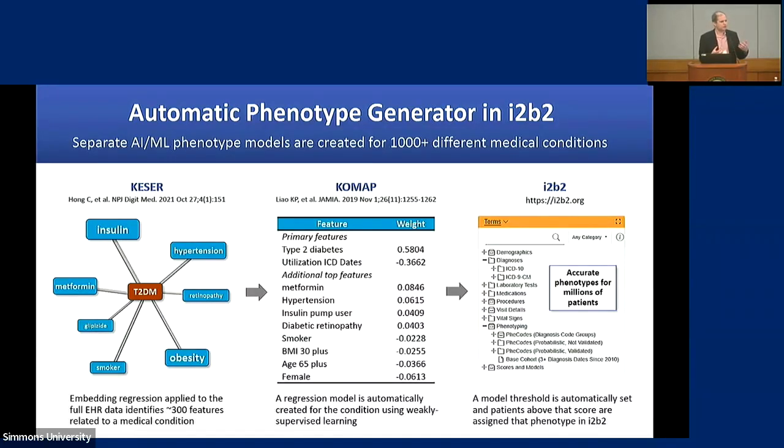It looks at co-occurrences across many different domains, diagnoses, laboratory tests, procedures, demographics, and it finds which features seem to co-occur more often than expected with your disease. It's usually about 200 or so features out of the million that are in the ontology. Then those 200 feed into the COMAP algorithm, which assigns the weights.